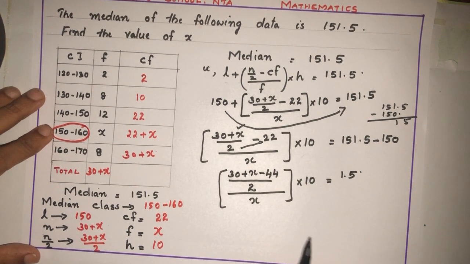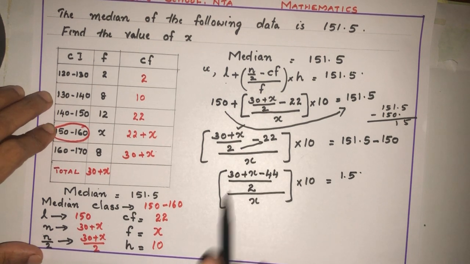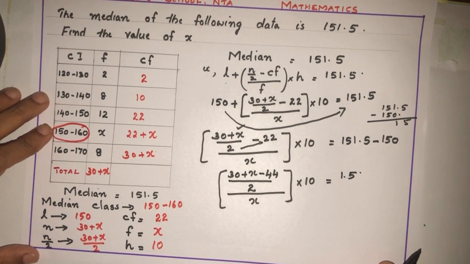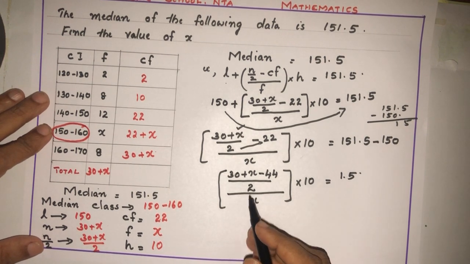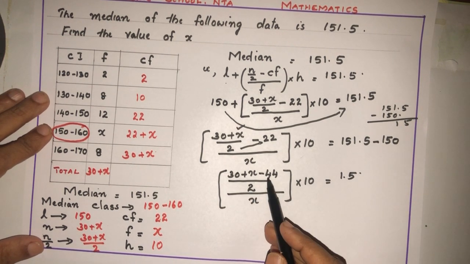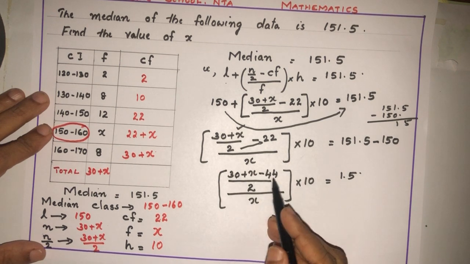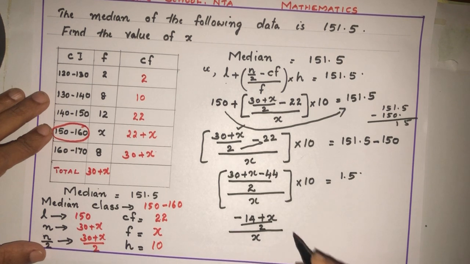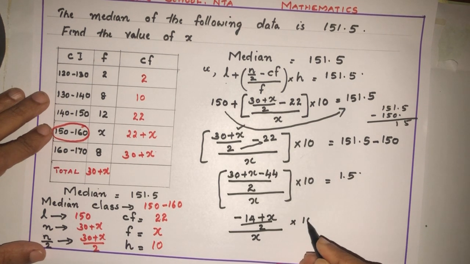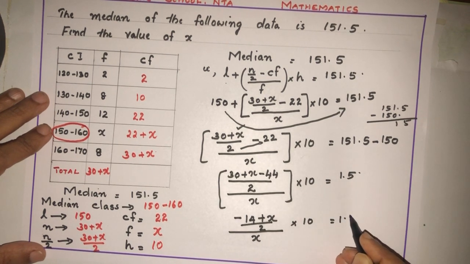Because if we explain more about LCM and all, we can't finish it now. Okay, children. Now, here we have 30 minus 44, which is minus 14, plus x, by 2, the whole by x multiplied by 10 equal to 1.5.